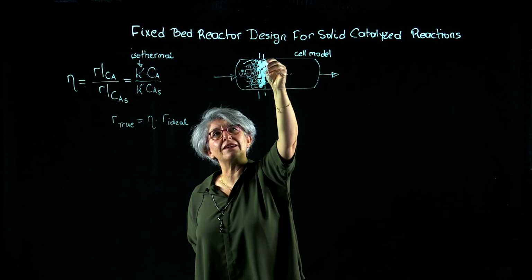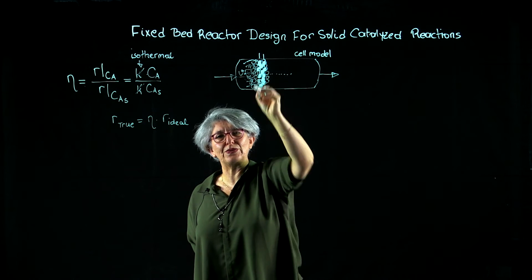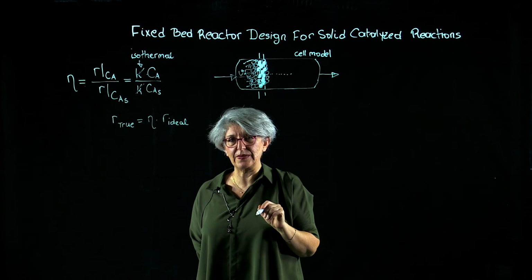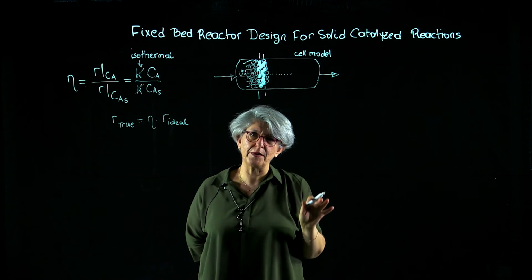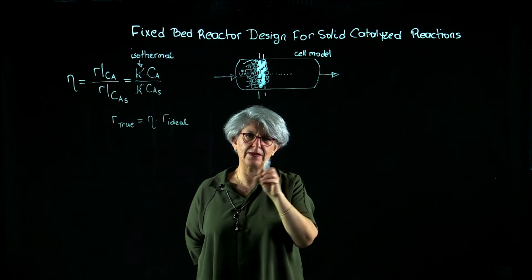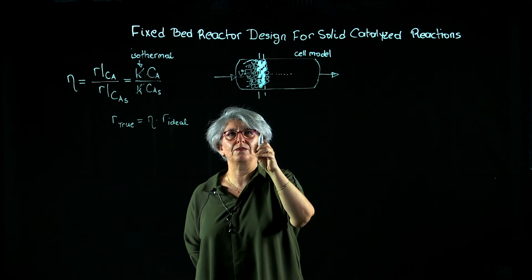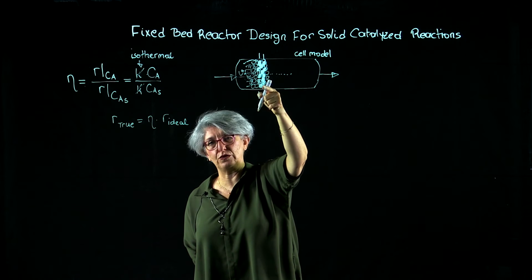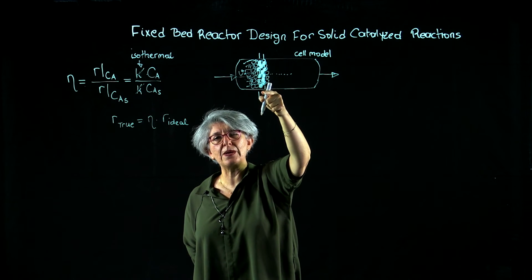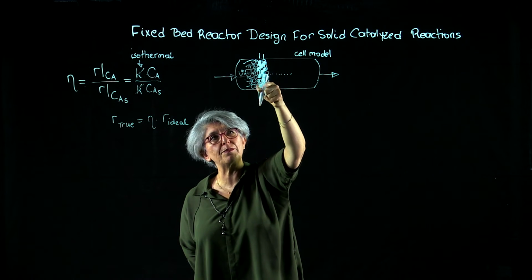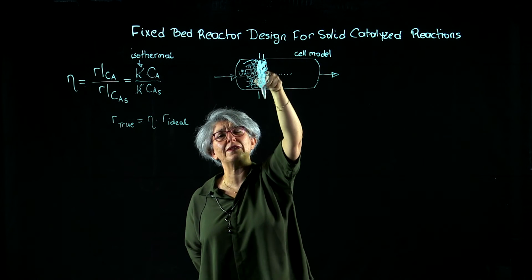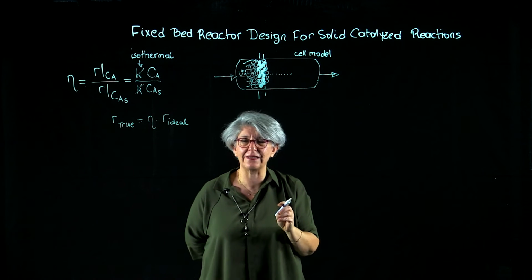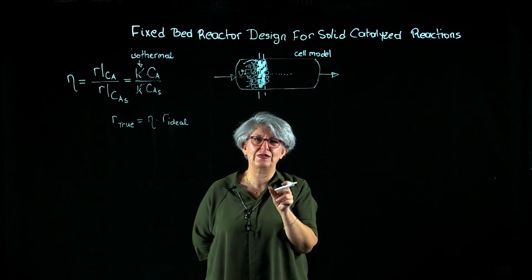So I can regard all those catalyst particles as being exposed to the same concentration throughout. So if I solve the problem for one of those catalyst particles, it means that I have solved the problem for all of the catalyst particles that are in this particular slice.